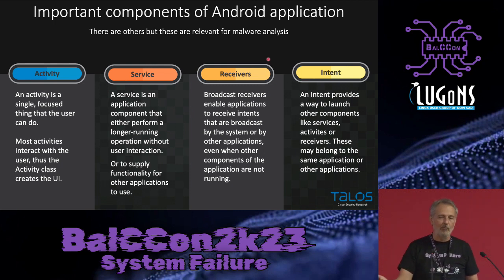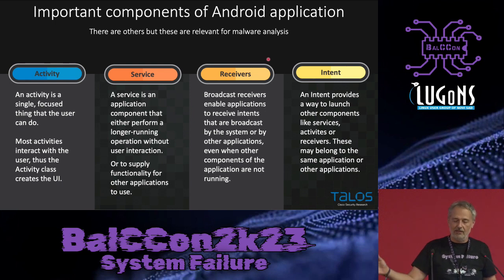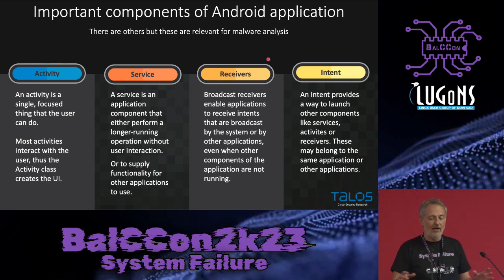So when boot completed happens, this broadcast is sent to the whole system, and then there are components that are called receivers. Receivers specifically state that they are interested in certain intents. So they want to filter certain messages from the system, such as boot completed or SMS received, that you will then do something with that package of information.